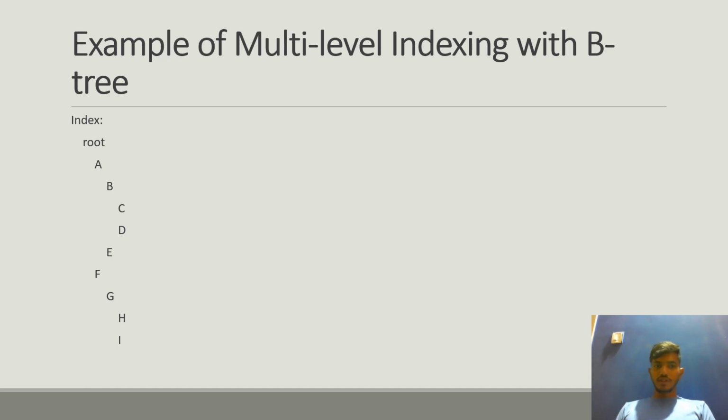Example of multi-level indexing with B tree. Root A, B, C, D, E, F, G, H, I. So these are the index values of the B tree.